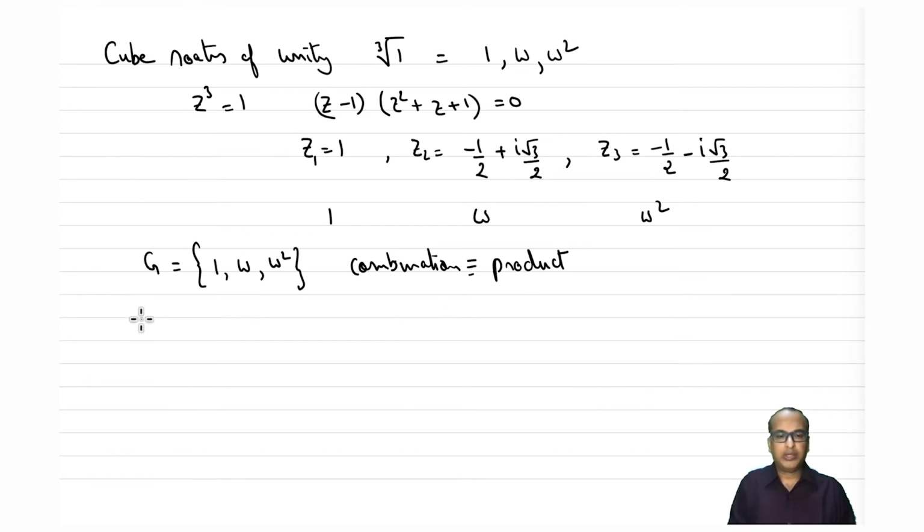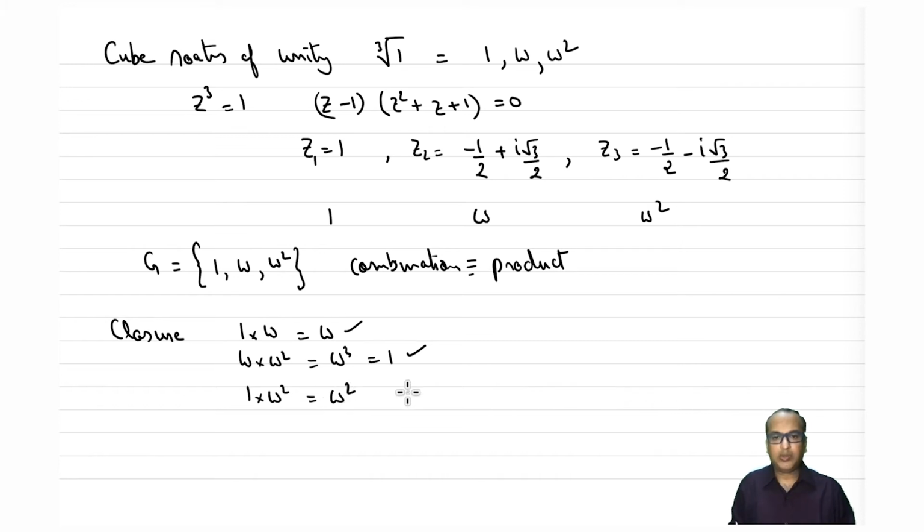For closure, the product of every element must be an element from the group, right? So 1 into omega is equal to omega, omega into omega square is equal to omega cube, which is equal to 1. This is part of the group, and the third product is 1 into omega square, which is omega square. This is also part of the group, so the closure property holds, right?